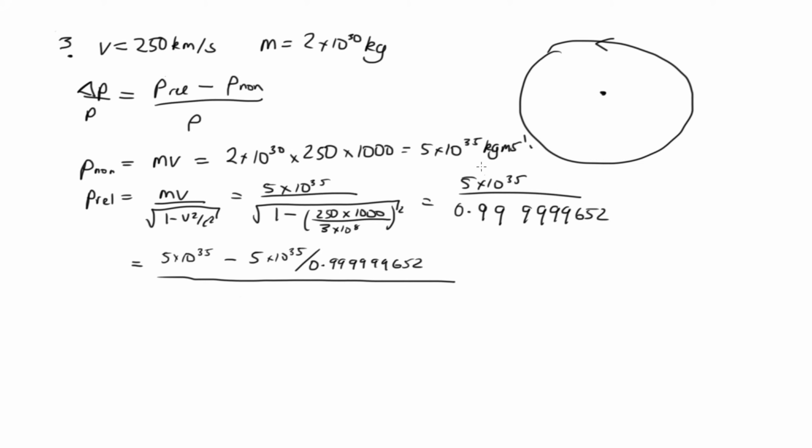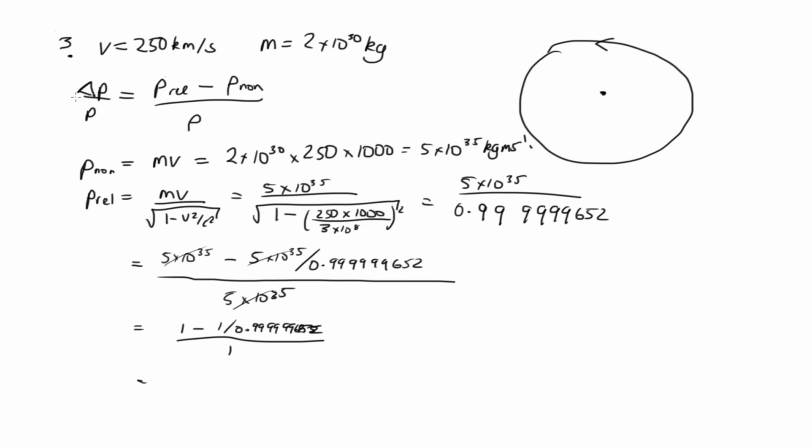We can just use this one. These two numbers are really similar. If you type them into a calculator, you end up with almost the same thing. So that can go down the bottom, and then you can see these cancel. So we end up with 1 minus 1 over 0.999999652, over 1.